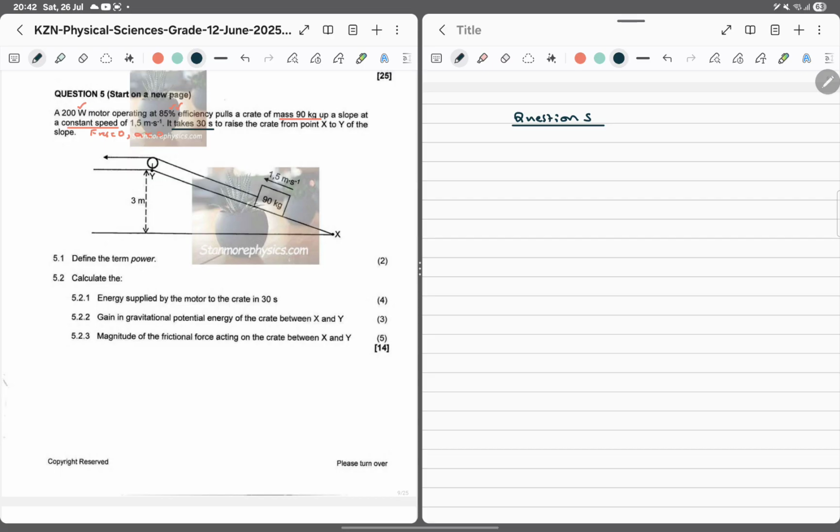Now folks, everything is nicely shown, so we can just write down the answers. We need to define the term power. Easy stuff again. You know that it is the rate at which work is done.